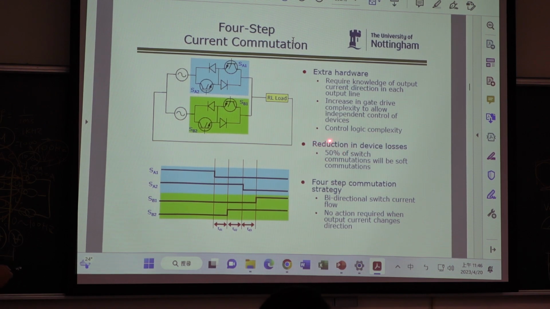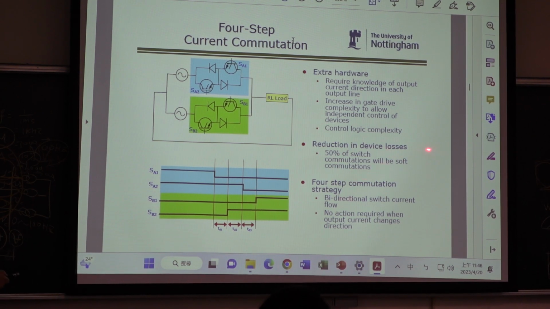And then we can reduce device loss because they overlap. Originally we change from 10 ampere to 0, but now we have 10 ampere to 5 ampere and 5 ampere to 0. We reduce 50% of switch commutation.